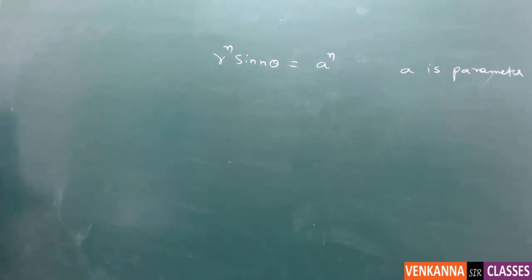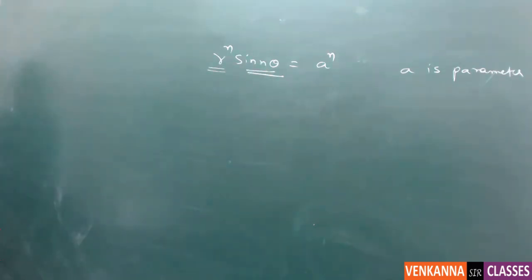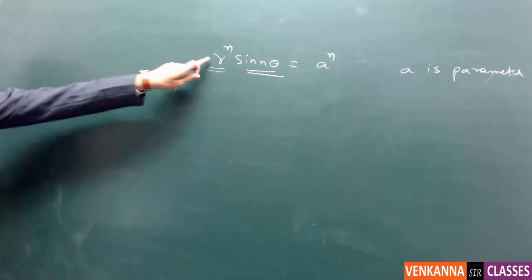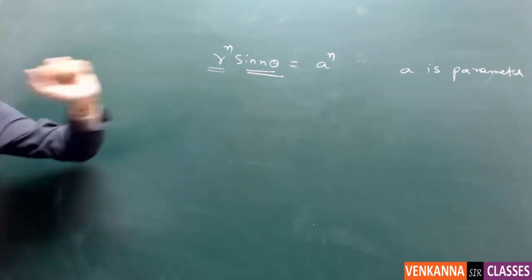So let us differentiate with respect to theta on both sides. Here you have two things. Sin n theta is a function of theta, and r is a function of theta. So you have to apply the product rule here.